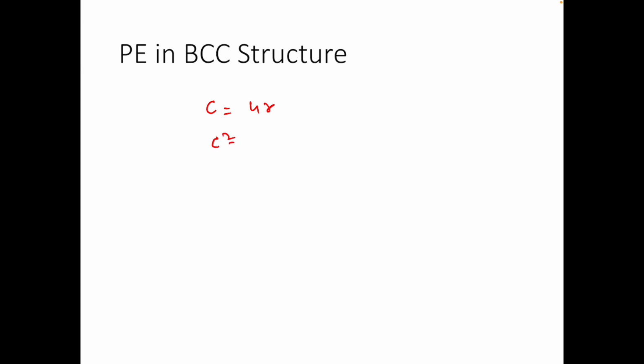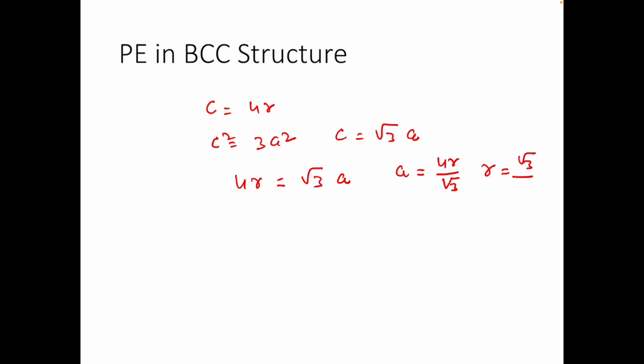By these two equations we get 4R is equal to root 3 A, and by this A is equal to 4R by root 3, and R is equal to root 3 by 4 A.